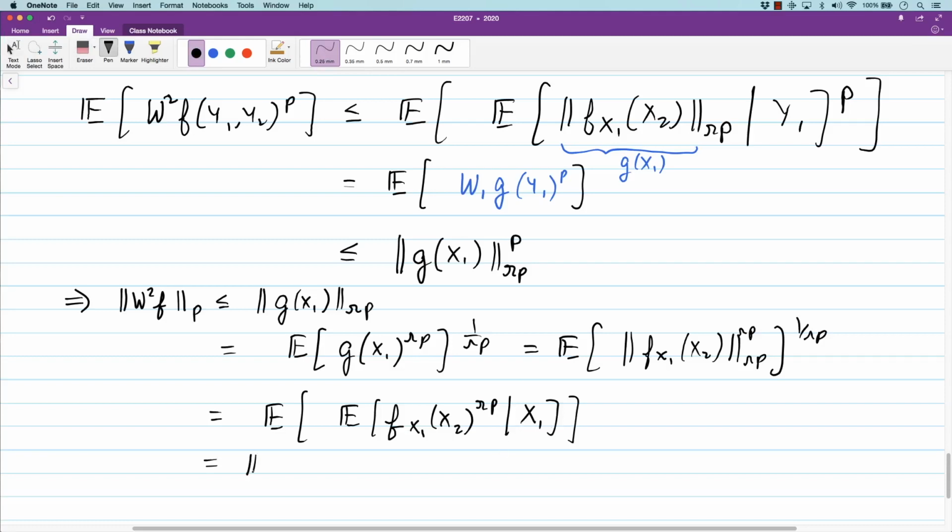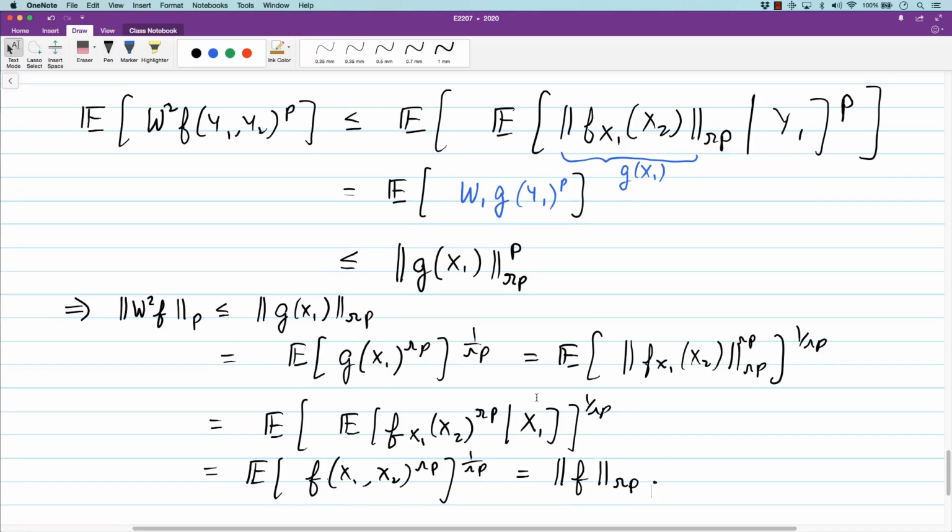This is just f of x1 x2 to the power rp. So essentially we have obtained the bound.